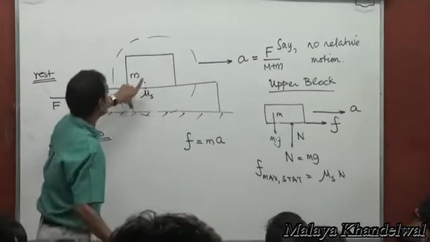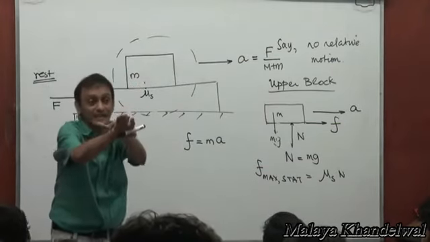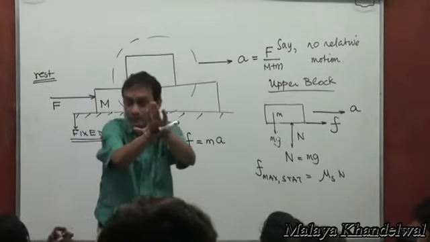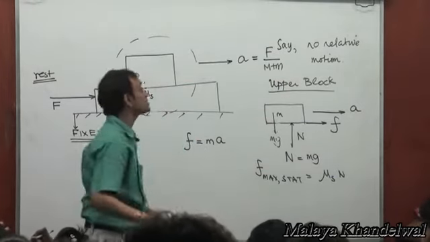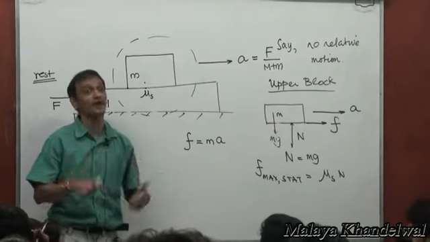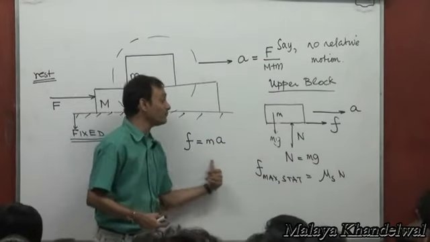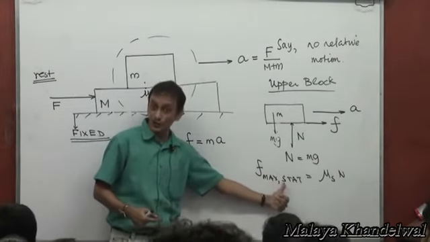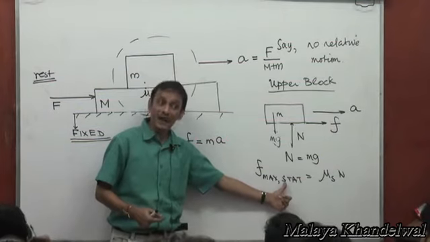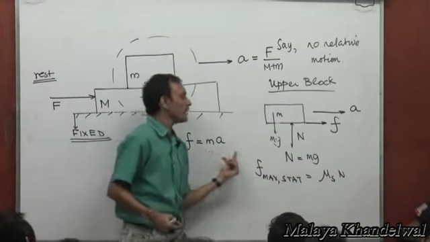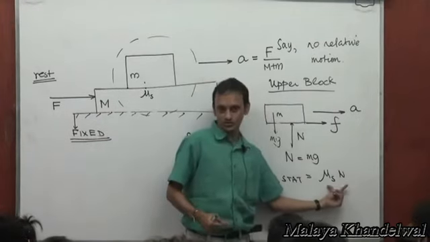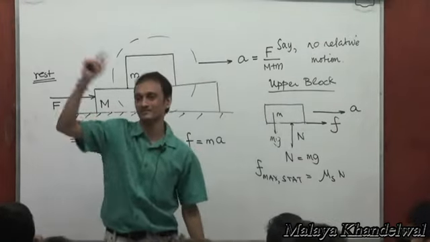You have assumed that between small m and capital M, static conditions are prevalent, right? Static conditions prevalent means that could have happened only if small f was less than or equal to F max stat, right? Suppose this turns out to be 3 newtons and this turns out to be 10 newtons. Then your assumption is correct.